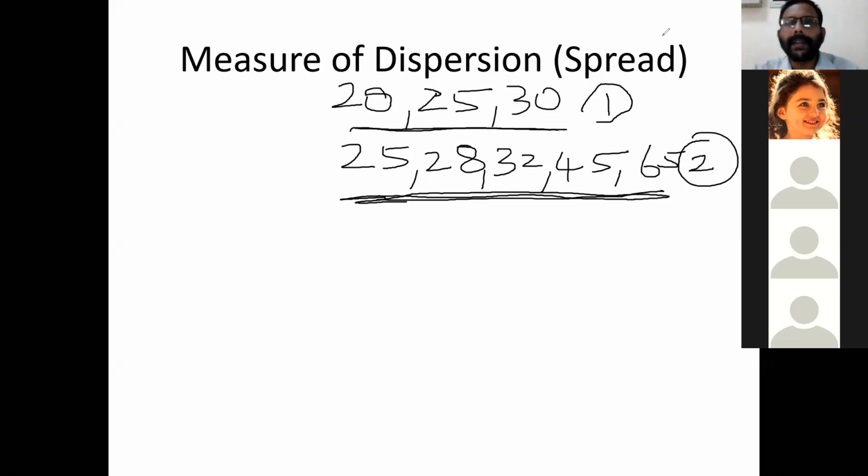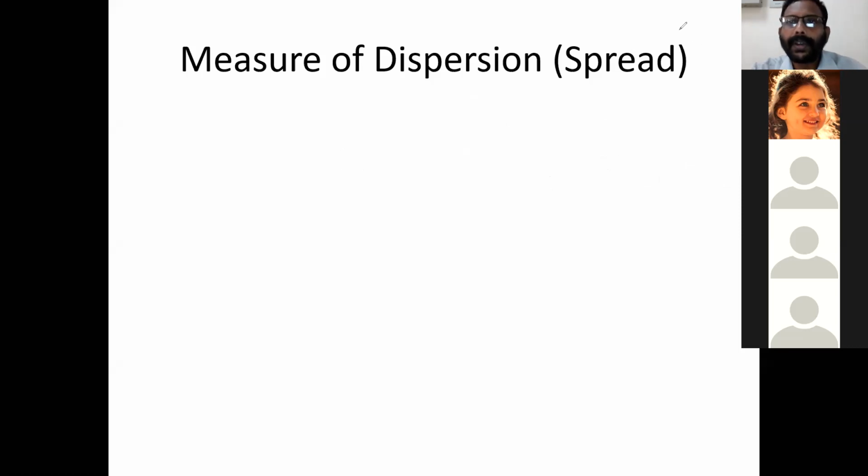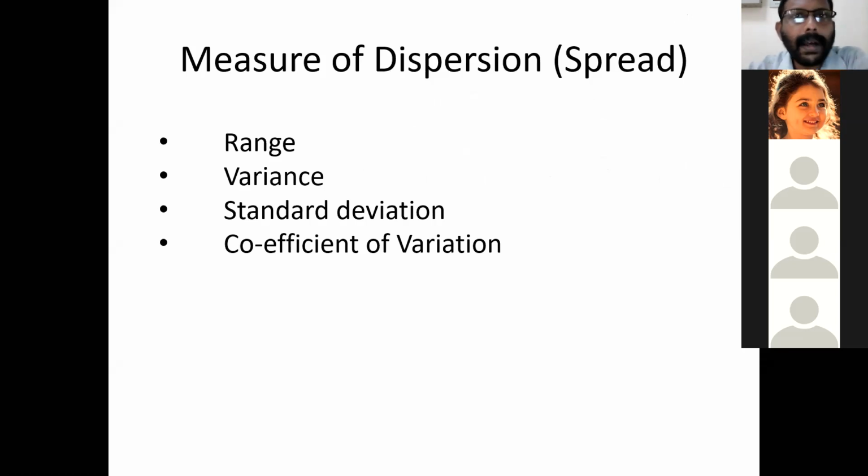Now let's look at the measures that we are going to use to identify the spread of any data set. There are 4 types of measures available to measure dispersion. First is the range, second is variance, third is standard deviation, and fourth is coefficient of variation.